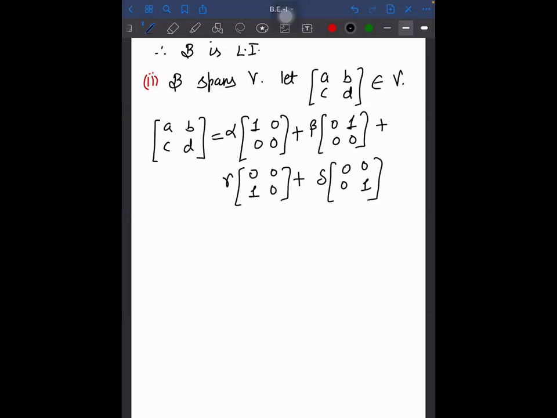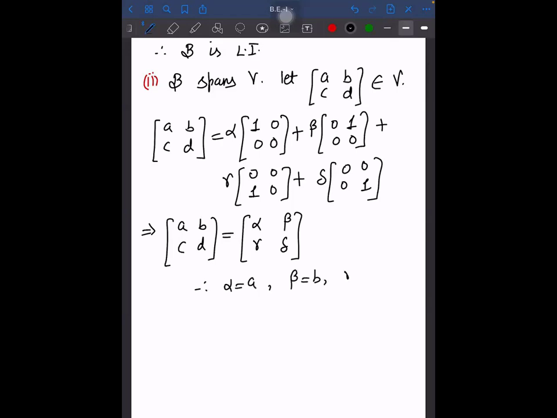Can this be done? Yes, it is very simple. Here the sum will become [alpha beta; gamma delta]. So of course alpha is equal to a, beta is equal to b, gamma is equal to c, and delta is equal to d. So we have directly found alpha, beta, gamma, delta. Therefore B spans V. So the dimension of V is what? The dimension of a vector space is the number of elements in the basis, and the number of elements in the basis is 4.